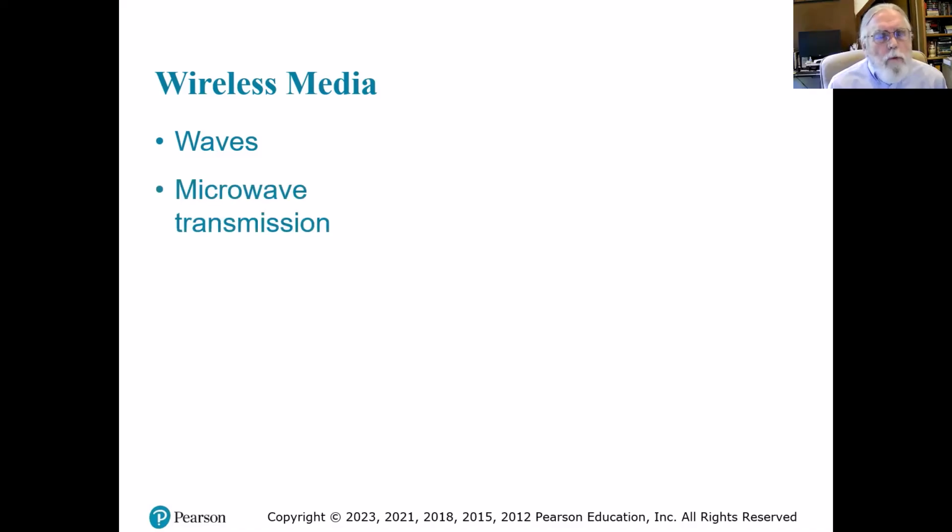Now, to get the bandwidth we want, and so that it doesn't interfere with radio stations and TV stations, they do go at a different frequency, and it's at a higher frequency, a microwave transmission. The higher the frequency, the more information, more data you can transmit.